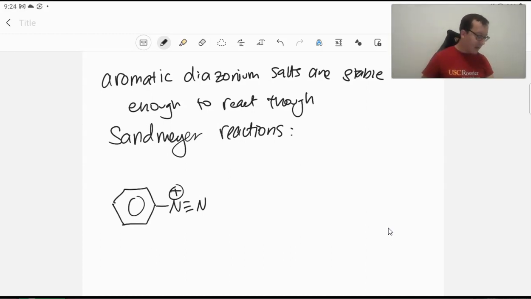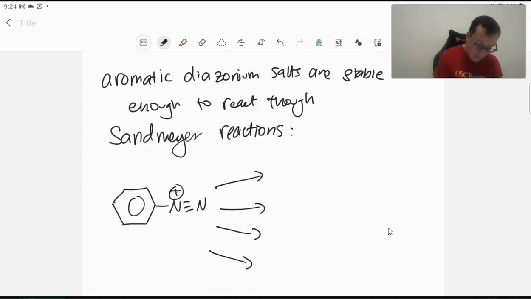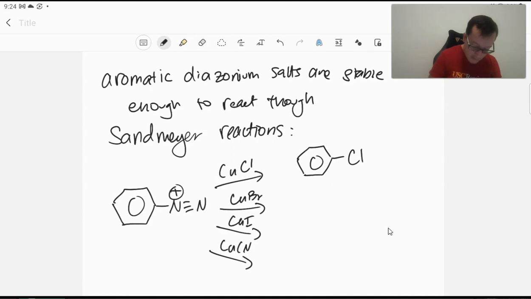So we can use all manner of copper salts to do this. These are copper(I) salts, by the way, and you'll end up just substituting in whatever is on your position.